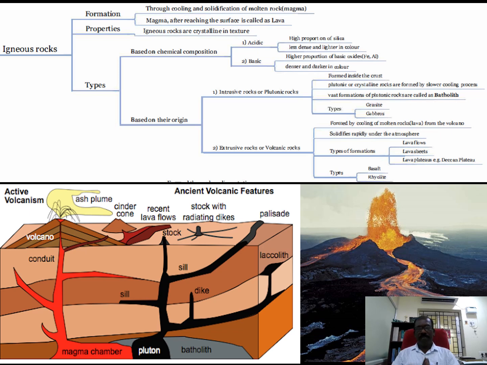There are two types of igneous rocks. Based on chemical composition, they are acidic and basic rocks. Acidic rocks have a high proportion of silica, are less dense and lighter in color.